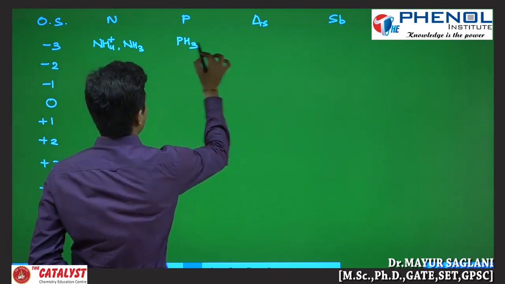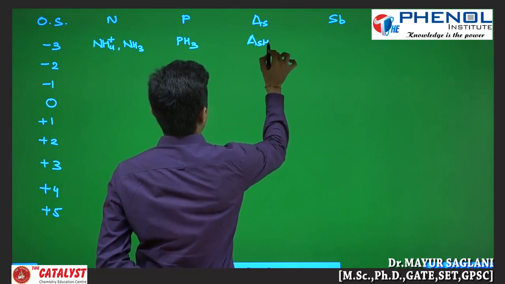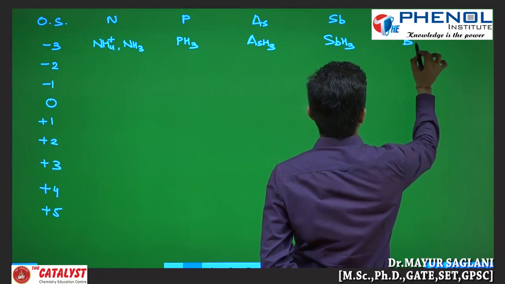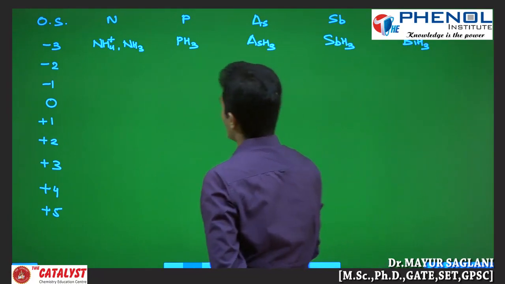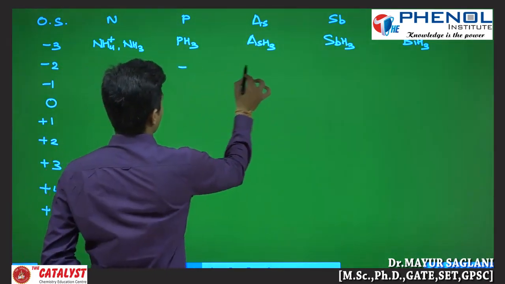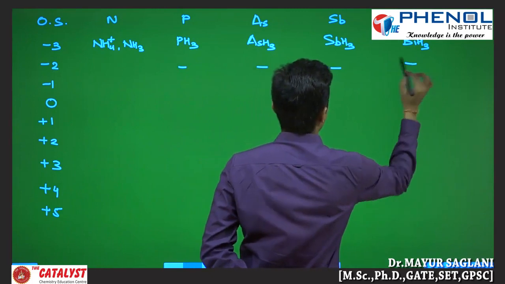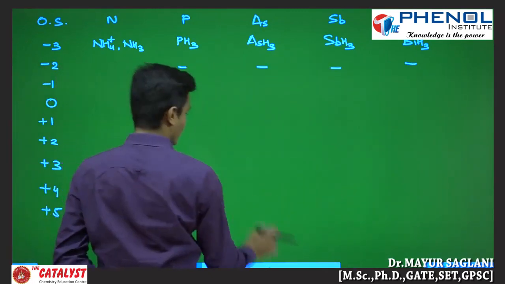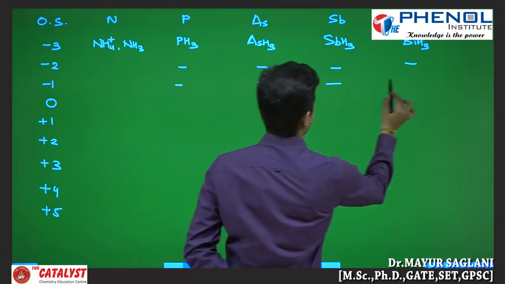Likewise you can write PH3, AsH3, SbH3 and BiH3. With hydrogen they show a negative oxidation state. Now the -2 oxidation state. These elements will not show the -2 oxidation state, and they will not show the -1 oxidation state either.